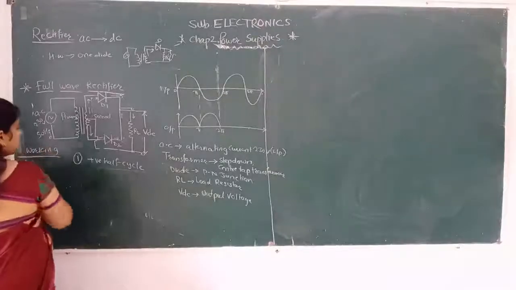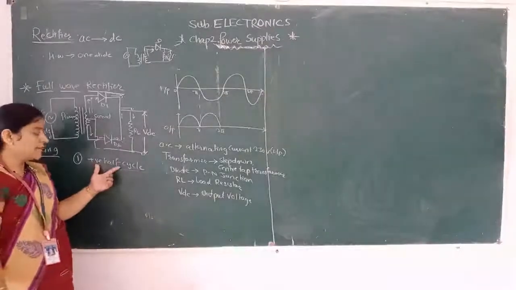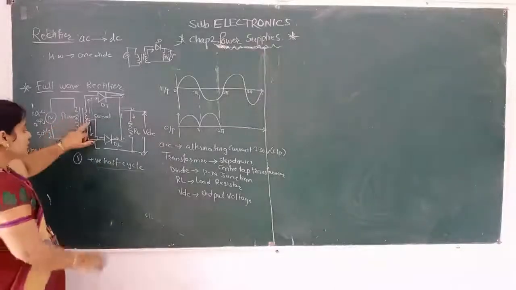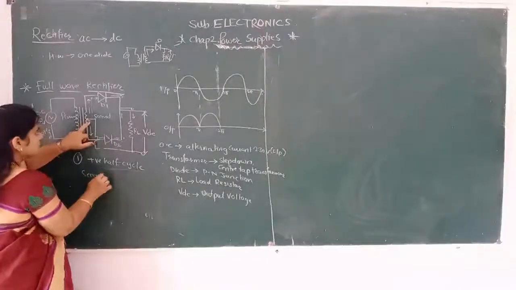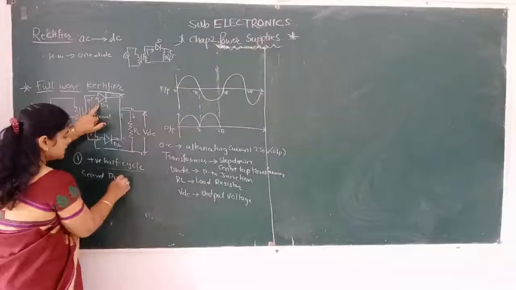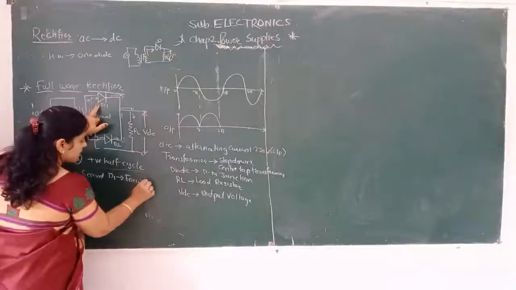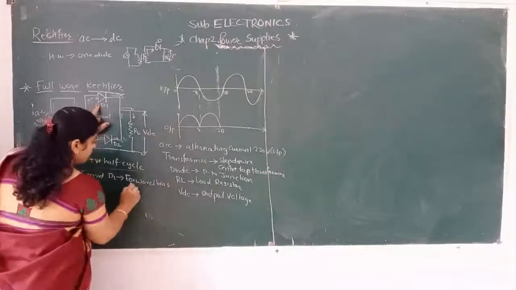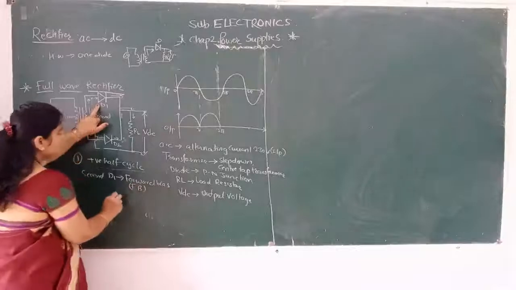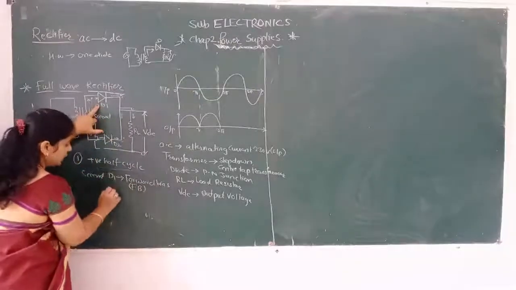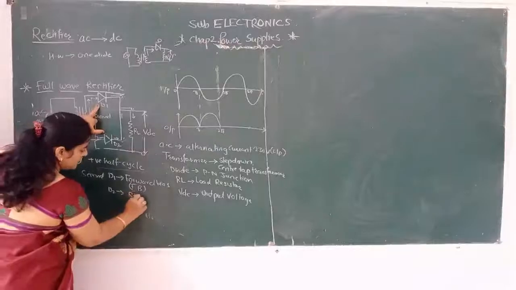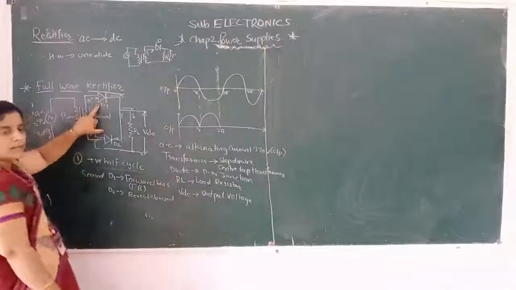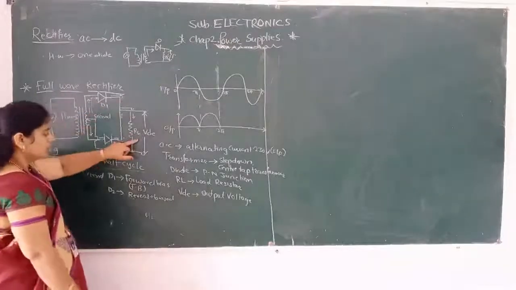This is the working of this circuit. It works in two cycles, positive half cycle and negative half cycle. What happens in the positive half cycle? When the voltage comes from the secondary, diode D1 will be forward bias, written as FB, and at that time diode D2 will be reverse bias. Then current flows through the load resistance RL.